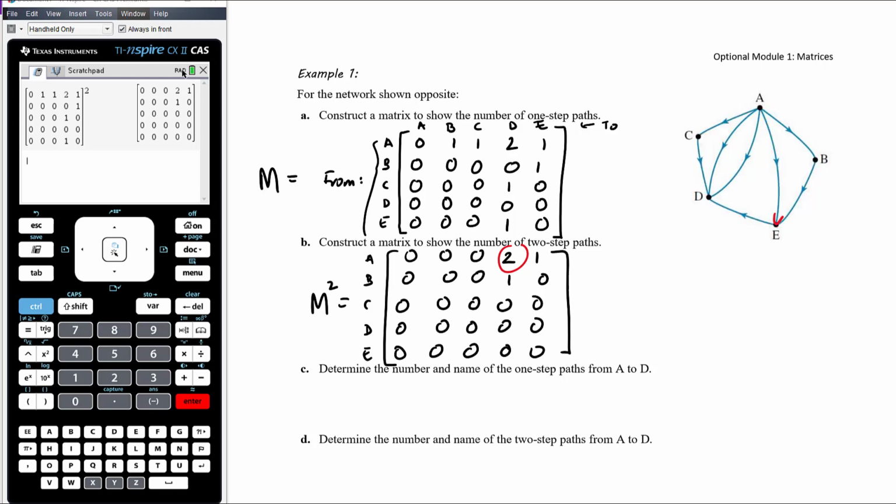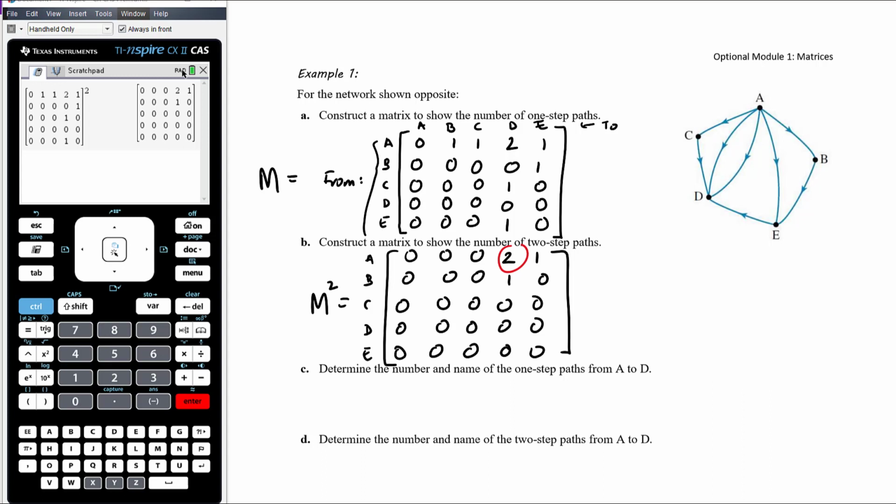Okay, that's the two-step paths. It says that there are no two-step paths out of D at all, and that's because there's no one-step paths out of D at all. But there's also no two-step paths out of C at all. Now C at least has one way to get out, but once you get to D, you can get to D from C, but then you can't get anywhere from D. So there's no two-step paths out of C, and similarly for E. E has a one-step path out, but it gets you to D, and there's no way to get out of D, and so there's no two-step paths out of E either.